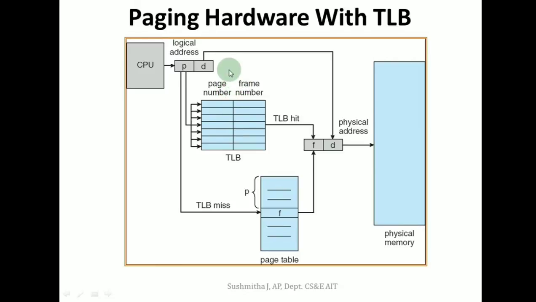But the TLB is again a limited storage. If the TLB is full, the OS must select one of the page numbers to be removed, making a replacement for a new entry in the TLB. So it definitely gives us faster access, but the disadvantage is that cache by nature is expensive.